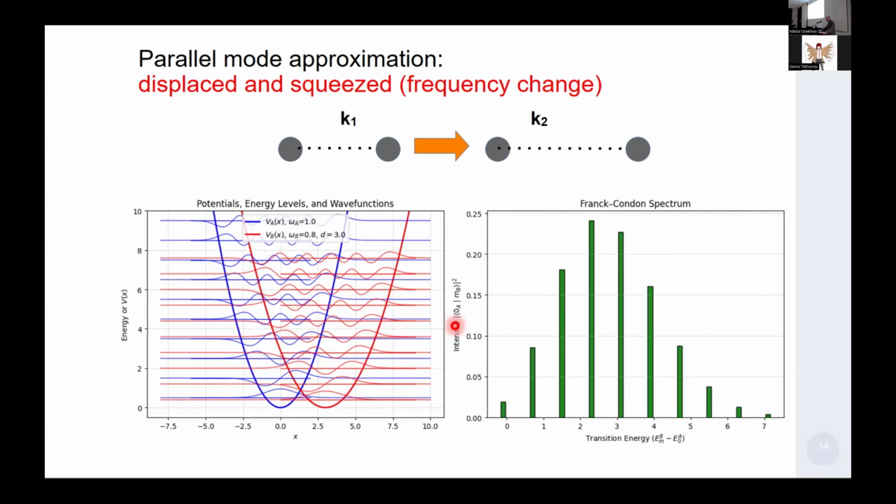But modes still don't mix, so we just compute a certain number of overlaps between Hermite functions, which have different arguments. They produce some involved recurrent formulas, but they are still factorized. Therefore, it's not a hard task for computation.